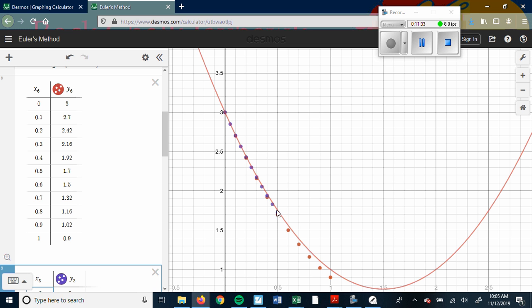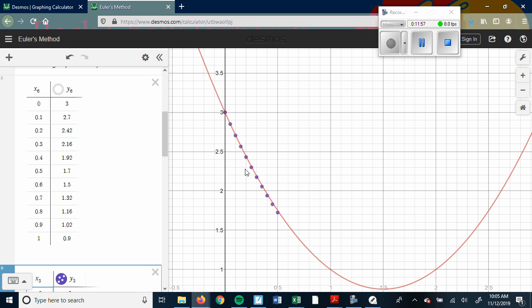My steps are smaller, but notice they're all closer to the graph. By using a smaller step size, I've actually approximated the solution.